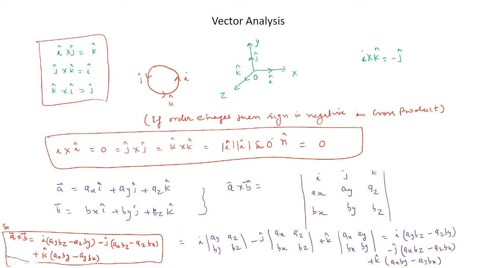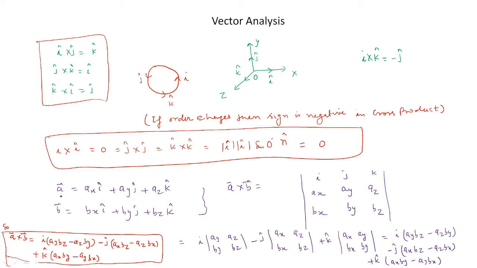So here you can see that if there is the self product of the two vectors in case of the vector product, then it will give you 0. So i cross i is 0, j cross j, k cross k, all are equal to 0, because here the angle between the two unit vectors is 0 in case of the cross product. So it will give you sin 0, which is equal to 0.